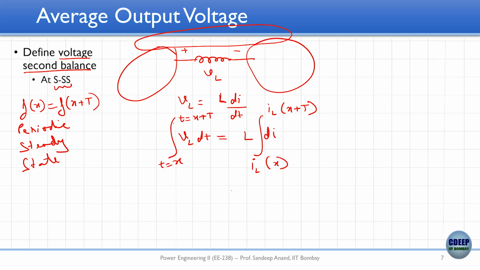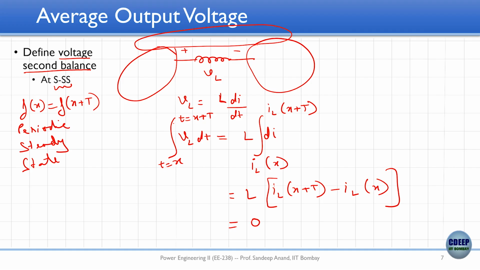What would be the right hand side? It would be L times current at x plus T minus current at x. What would this be equal to? This would be 0 if you have steady state. From now I would only use the word steady state, but you understand we are talking about periodic steady state.